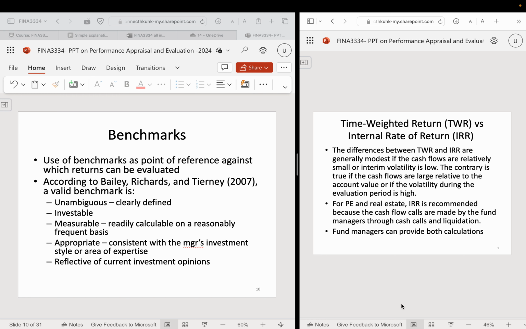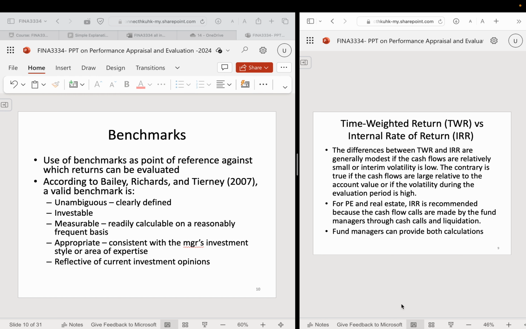there's a universal hedge fund index, but bear in mind that this is a reference, and I will tell you why. PE is also like that: somebody created a PE index, also as a reference.